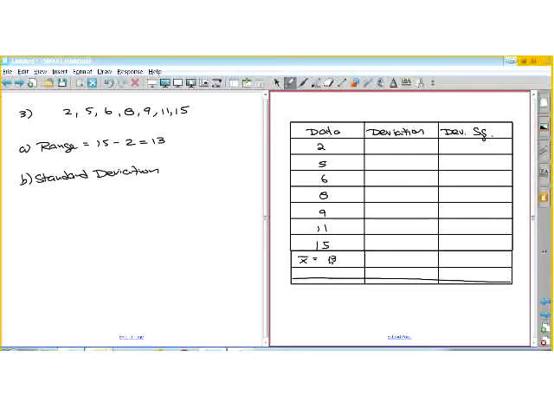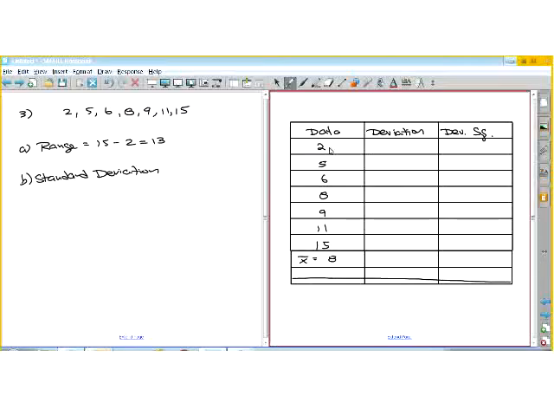So that's the mean. It's also the median. If you think about we have an odd number of data points, 7. Divide 7 by 2, you get 3.5. You round up 3.5 to 4. The 4th data point is the median. There's no mode because they're all different.